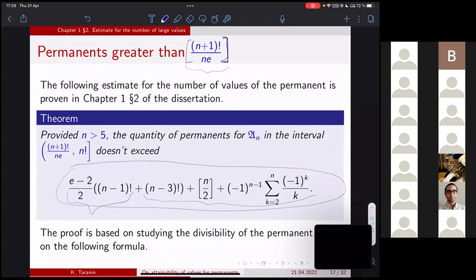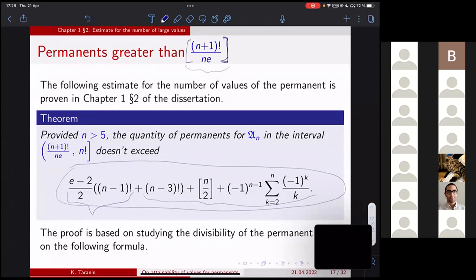The methods that I used there give the intuition that perhaps the number of permanents increases as we go from n factorial.